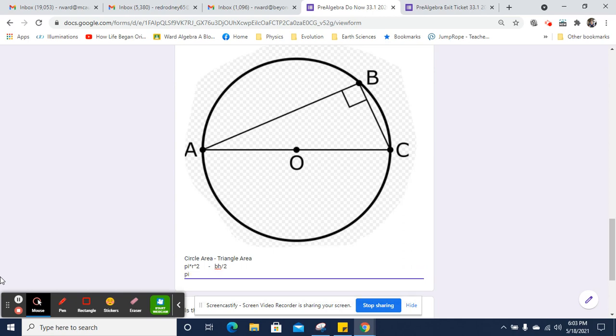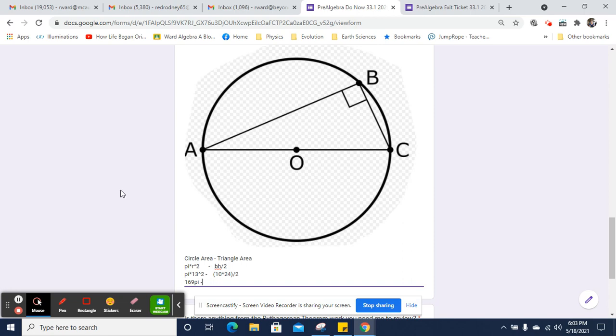Now we can start plugging things in. It's going to be pi times the radius squared. The radius is 13, so pi times 13 squared. And then base times height: base is 10 and height is 24, so 10 times 24 divided by 2. 13 squared is 169, so I'll write that as 169 pi.